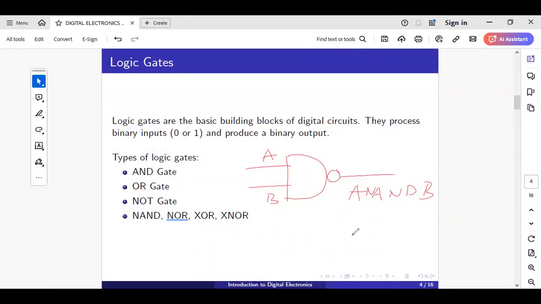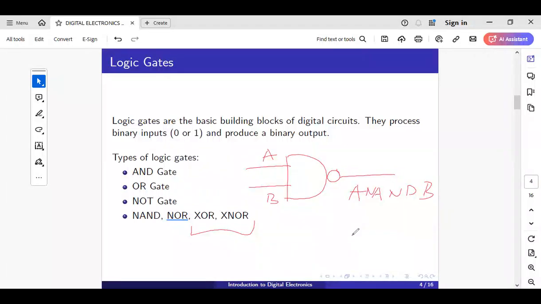Okay, let us learn these other two, then we shall see something else. XOR and XNOR. X means exclusive. What do you understand by the word exclusive?